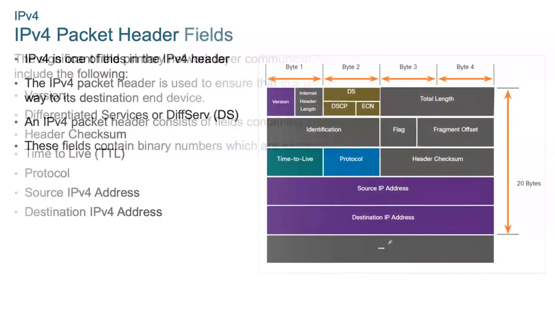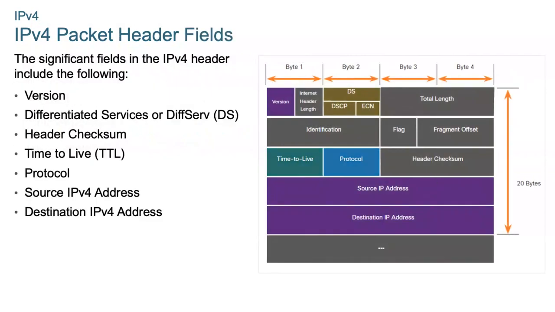So the IP packet header consists of 32 bits, as we said, for IPv4. It is divided into 4 bytes. The IPv4 header consists of the version, which version it is using, that is IPv4 version or IPv6 version.